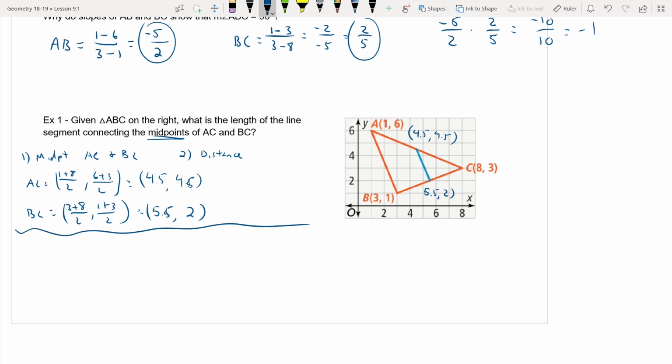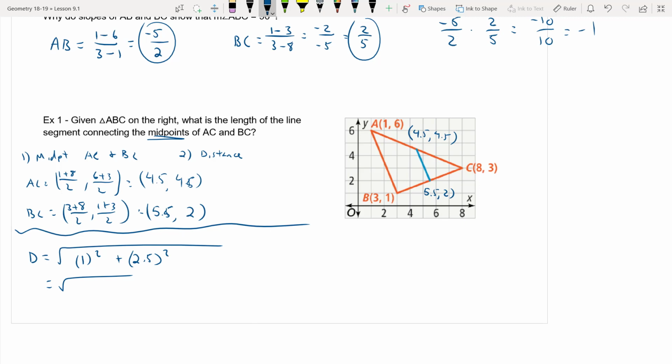Now step 2 is going to be the distance. So my distance there is going to be the difference in x. It started at 4.5 and it went to 5.5, which is 1 squared. And then it went from 2 to 4.5 vertically, so that went up by 2.5 squared.